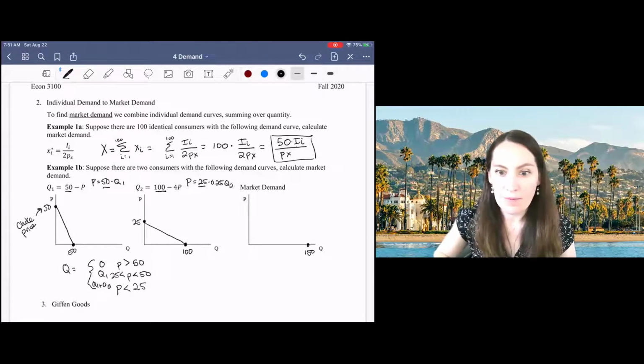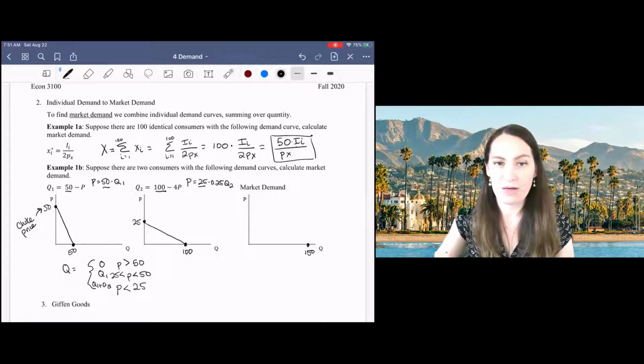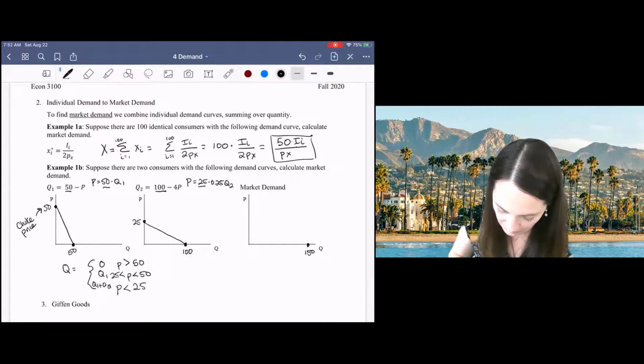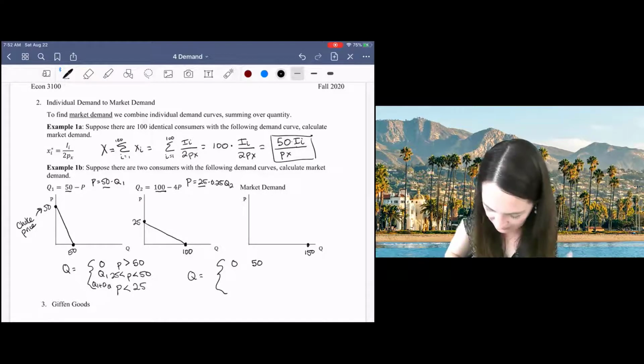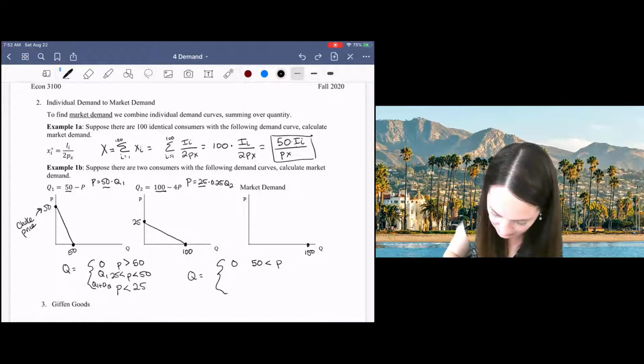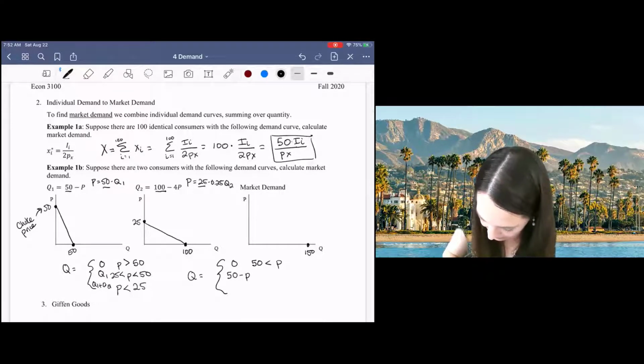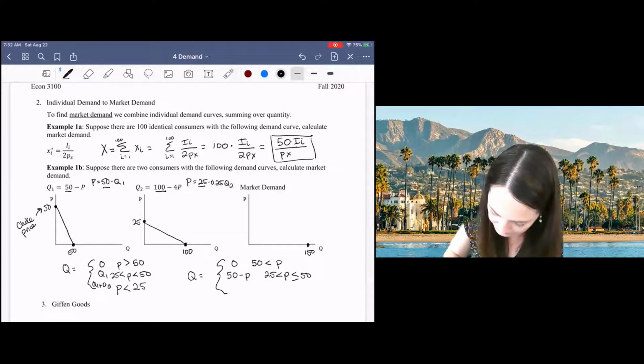So what we want to do to characterize demand is to write out, for each of these prices, what our demand equation looks like. Rewrite this here as 50 is less than P. P is greater than 50. Instead of writing Q1, I'm going to write 50 minus P for price between 25 and 50.